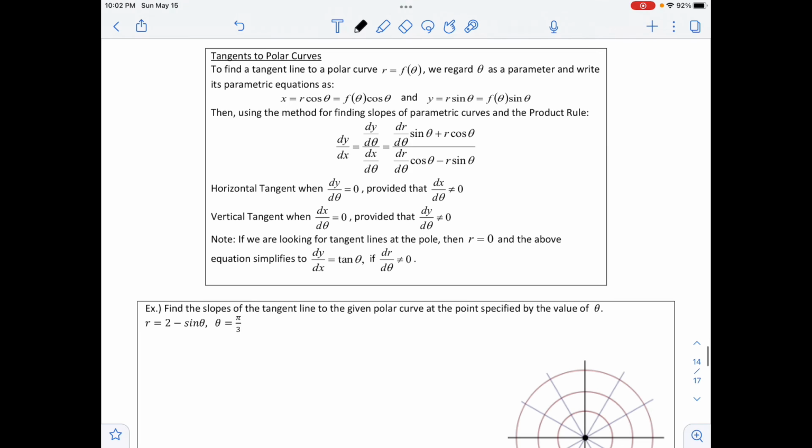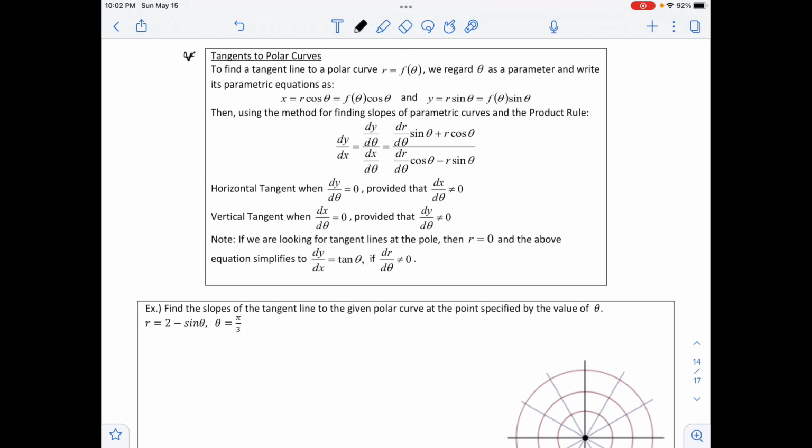On the next page, we have tangents to polar curves. This says to find the tangent line to a polar curve r equals f of theta, we regard theta as a parameter and write its parametric equation as x equals r cosine theta, or f of theta times cosine theta, and y equals r sine theta, or f of theta times sine theta.